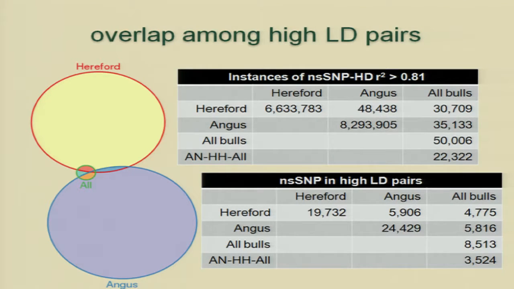Another thing was looking at overlap among these high density pairs, looking at them in all bulls, Hereford and Angus. There's essentially no overlap between the pairs that are in high density in Angus and Hereford or in the set of all bulls.